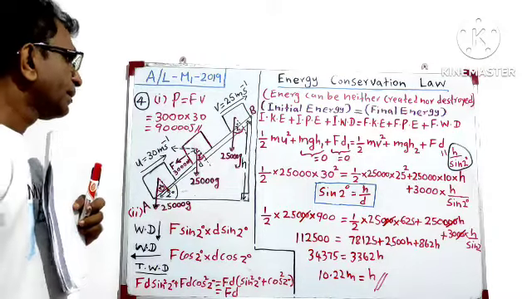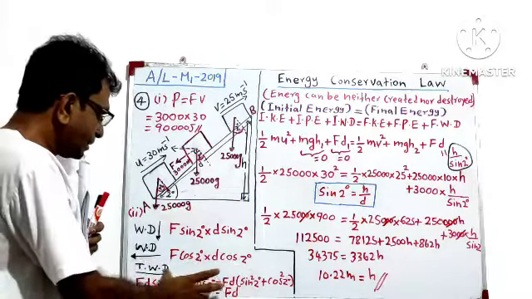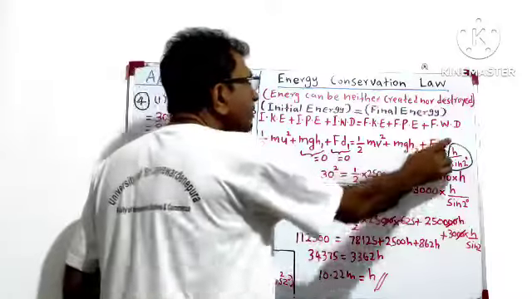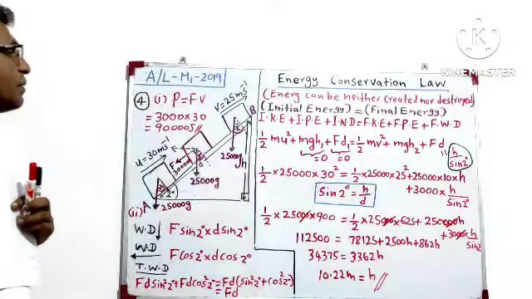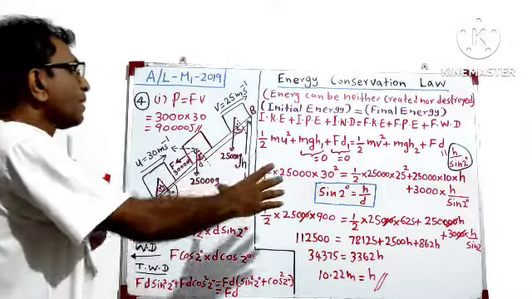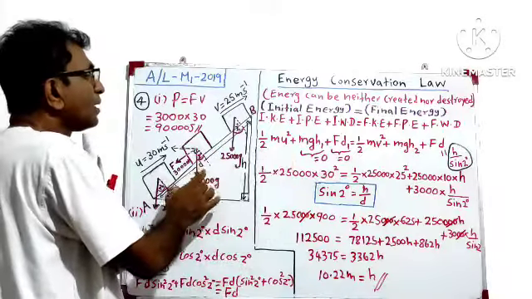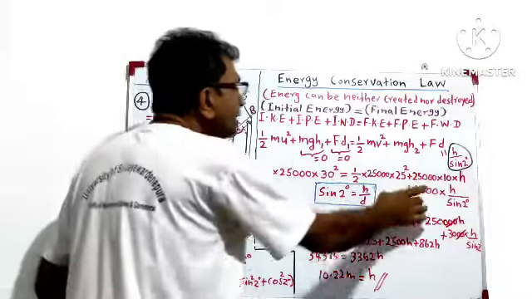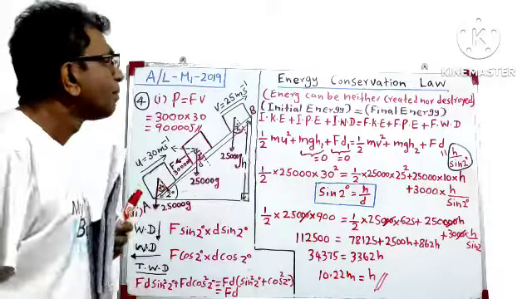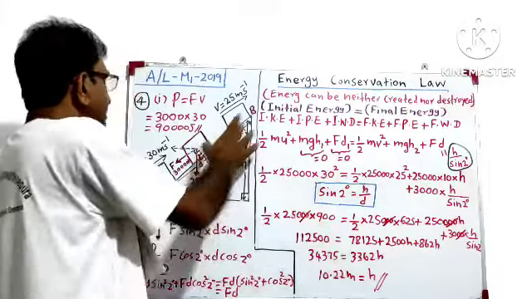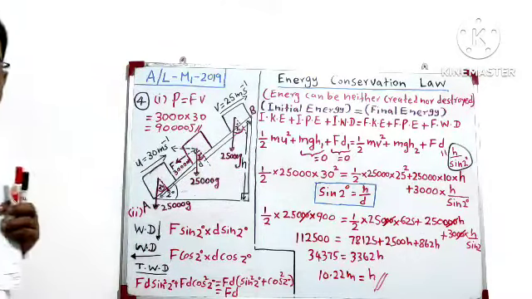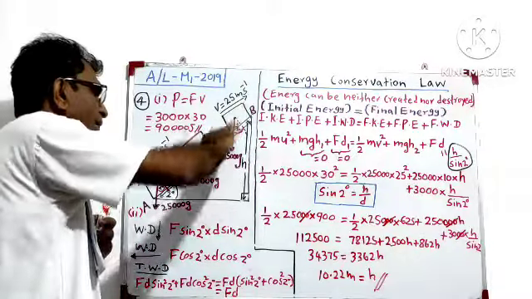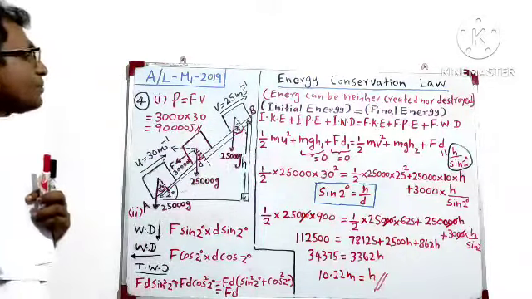Then plus work done. Actually, the total work done by this lorry, Fd, we have already found. Now you know what the force is, already we know: 3,000 multiplied by D, the length of the hill.